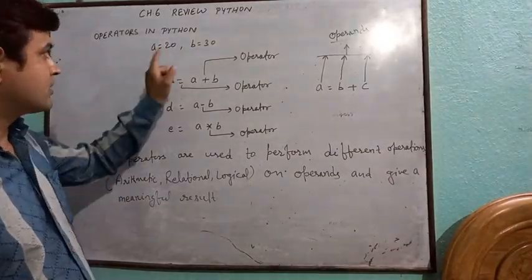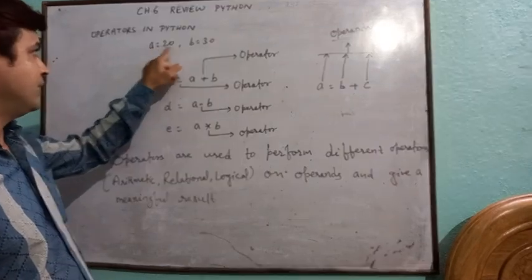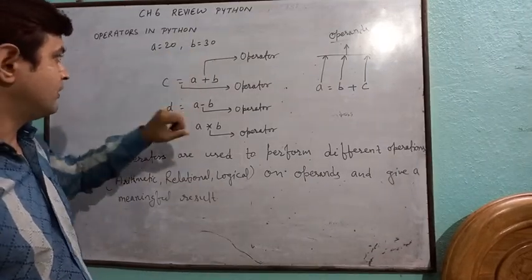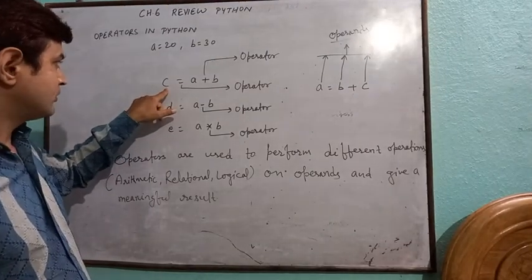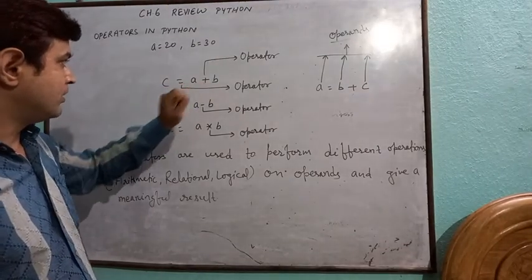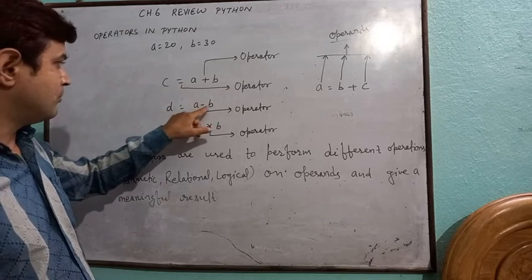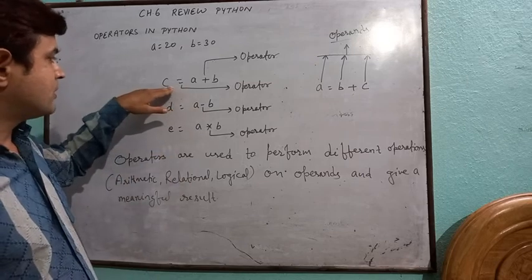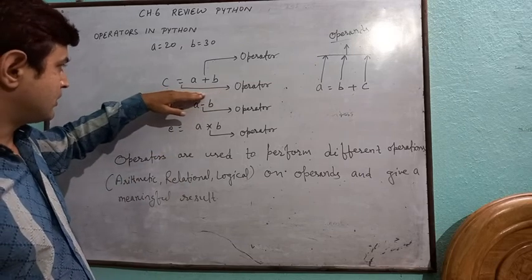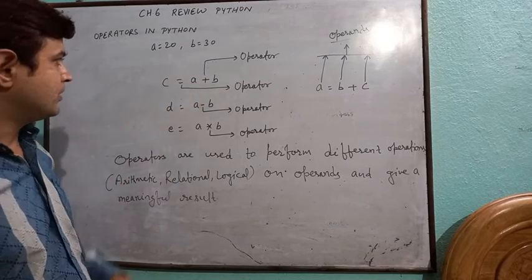Now just to find the sum of these two variables, a and b, that is 20 and 30, let us consider the expressions c equal to a plus b, d equal to a minus b, and e equal to a into b.